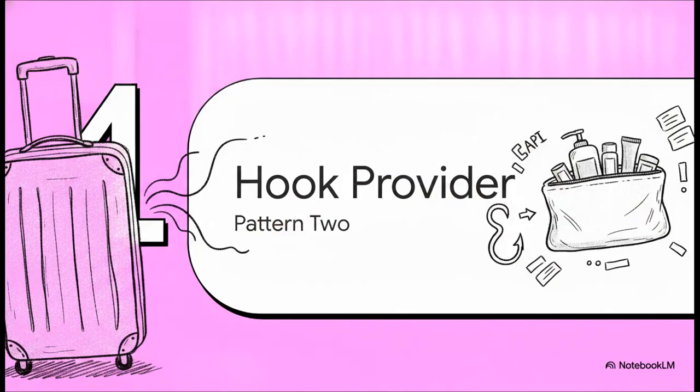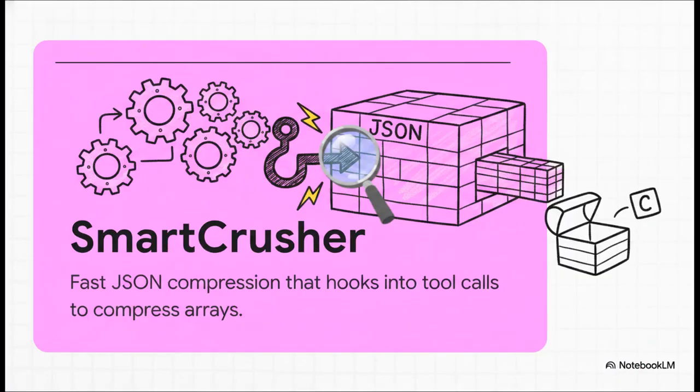Section 4, pattern 2, the hook provider. But what if your conversation history isn't actually the problem? What if the bloat is coming from massive API responses? Well, if model wrapping is our vacuum-sealed suitcase, this second pattern is more like a carefully sorted toiletry bag. Meet SmartCrusher.